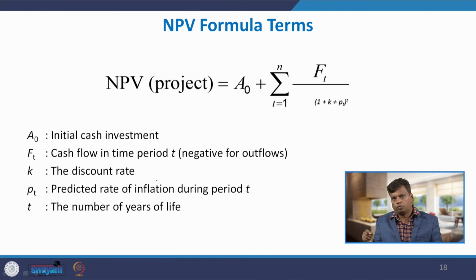When you discount cash inflows and outflows to present value, that NPV is used for comparing two or three projects. Assume that there are two projects. When you find the net present value of the two projects, whichever has the higher net present value, we have to opt for that project.